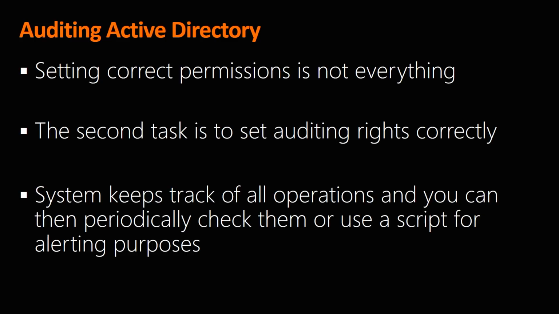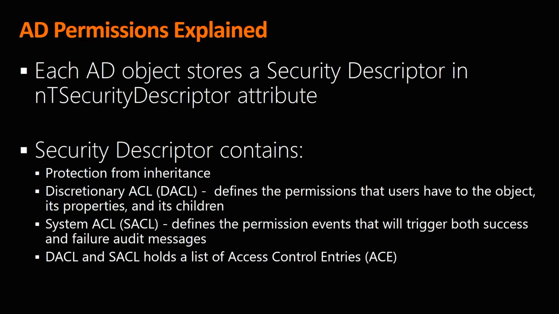Auditing rules are actually crucial because if you set them correctly, your Windows operating system can keep track of all operation in Windows security event log, and you can easily write a script or integrate a SIEM to alert you or report all the changes you made in Active Directory. This is not a topic for today, but it would be nice if you think about it later on.